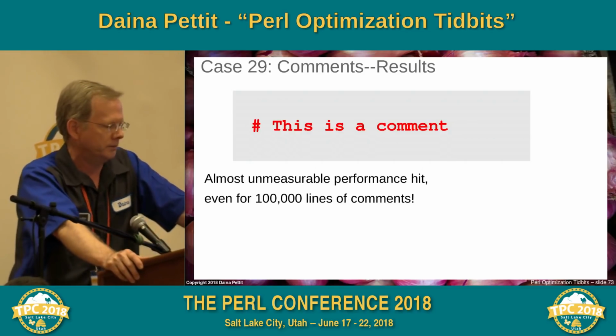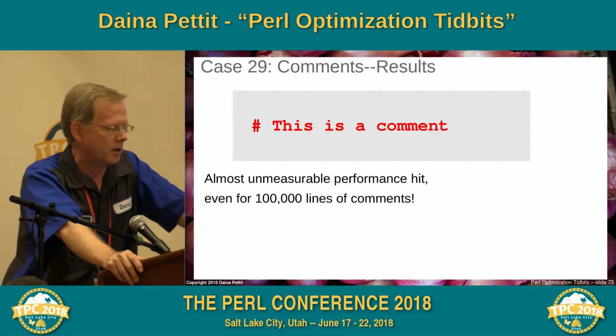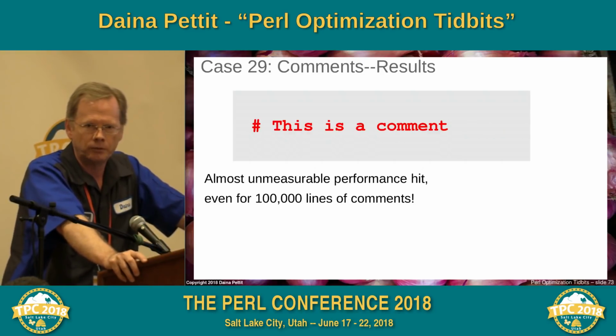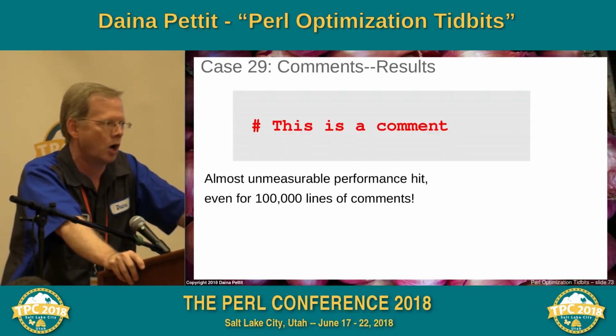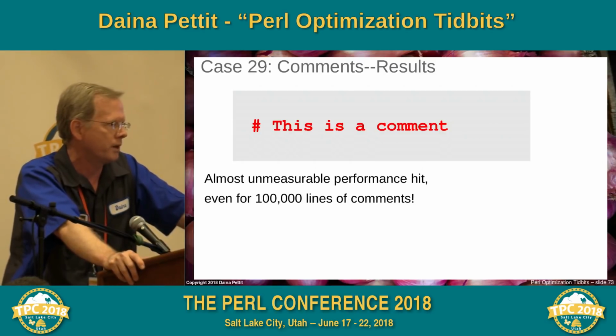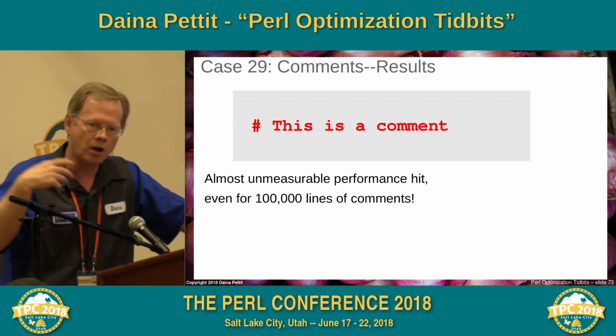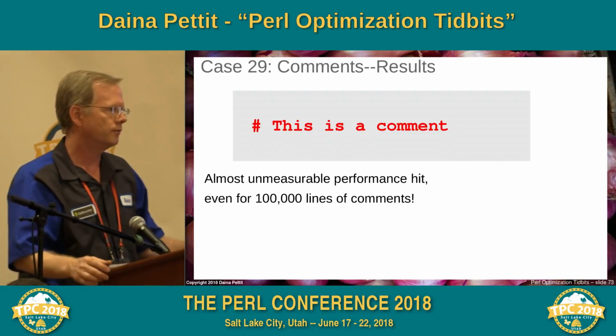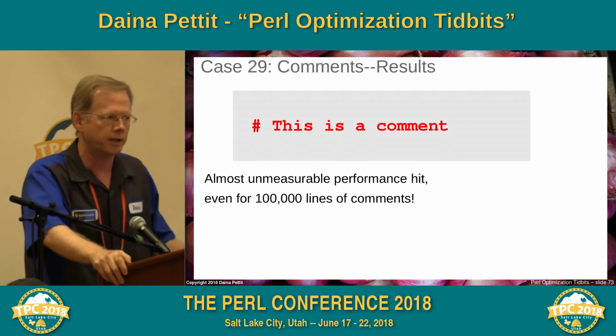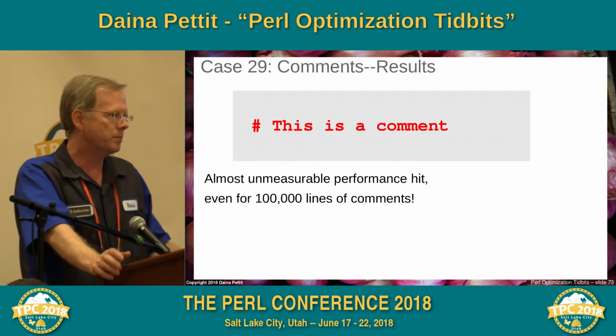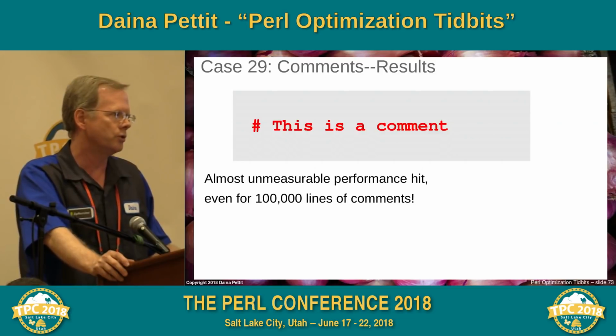It turns out, even with that huge amount of comments, the difference was almost unmeasurable. It was measurable, but so small. I always thought that if you had 5,000 lines of comments in a 10,000 line file, it would make some difference. It turns out it's almost no difference at all.